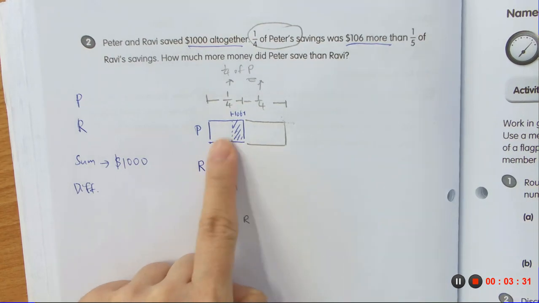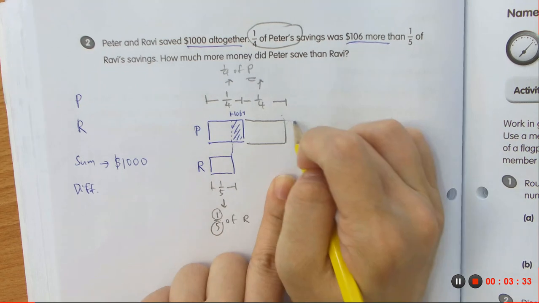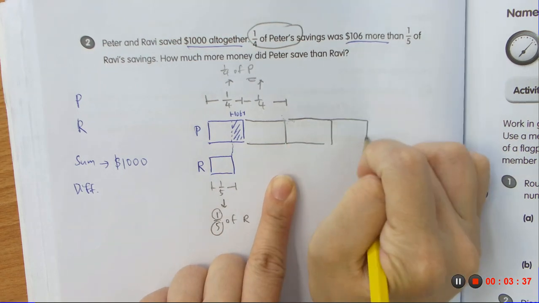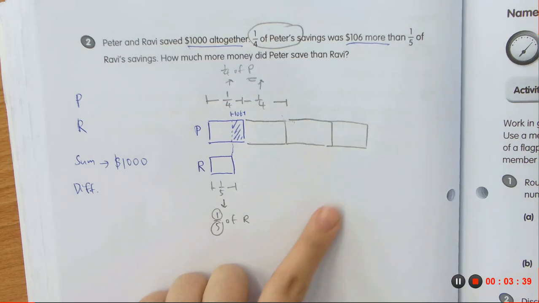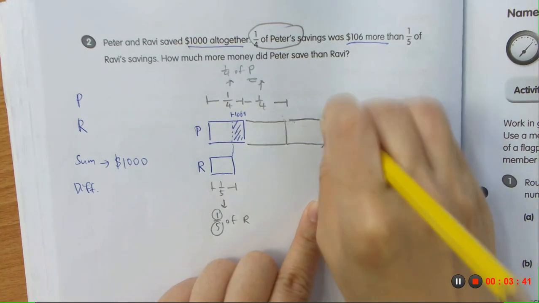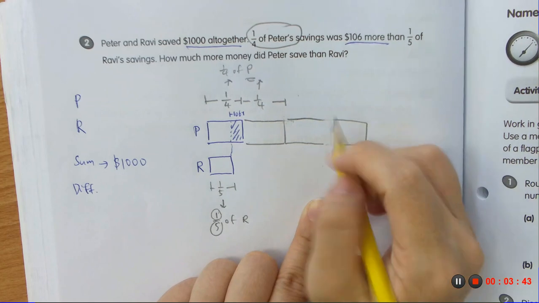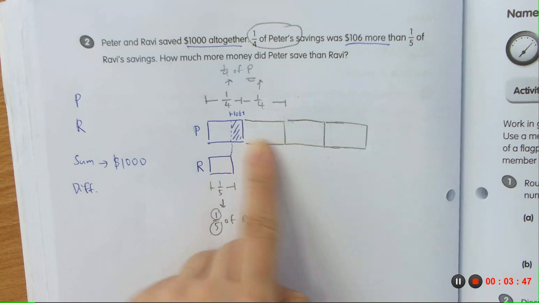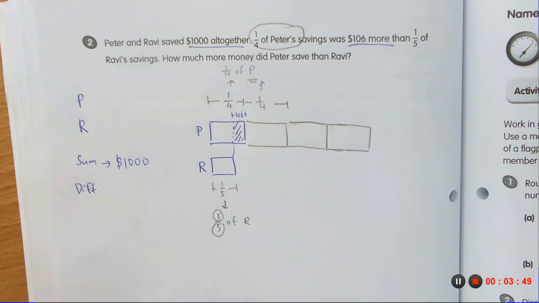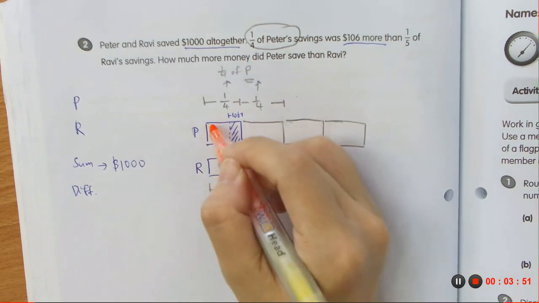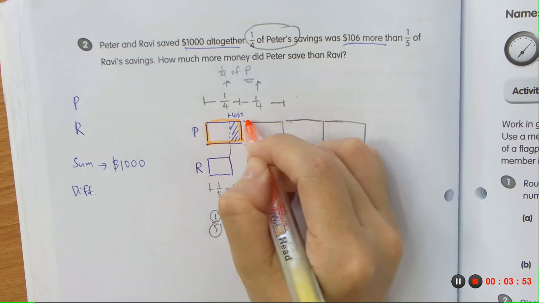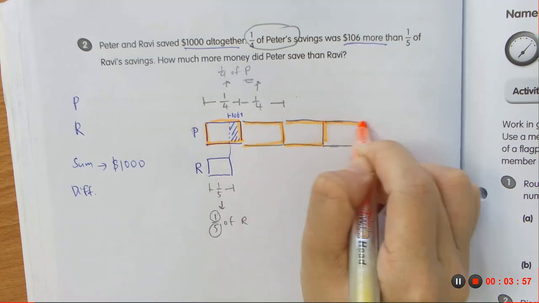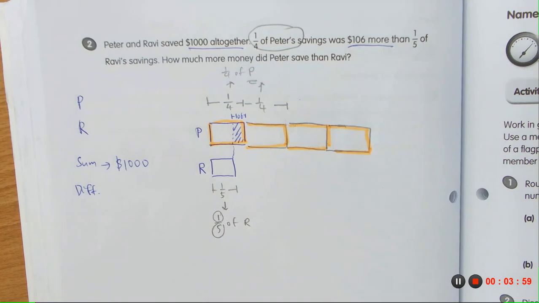This is 1/4 of Peter, 1/4 of Peter, another 1/4 of Peter, and another 1/4 of Peter. So 4 quarters of Peter. Okay, Peter has 1 unit, 2 unit, 3 unit, 4 unit. So altogether that is Peter's whole.